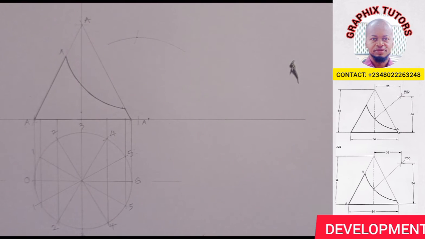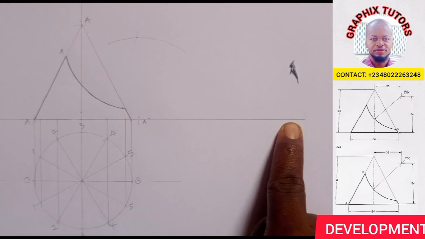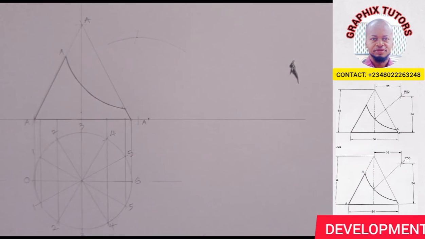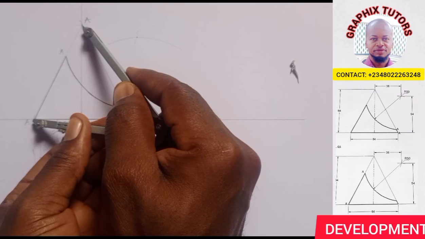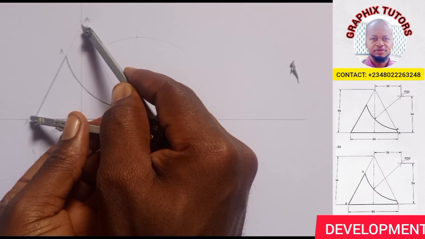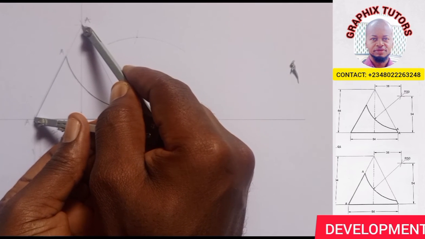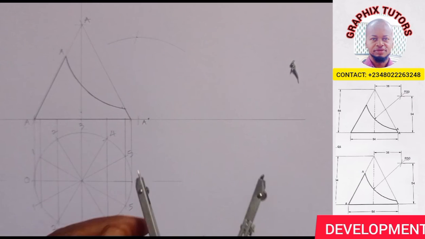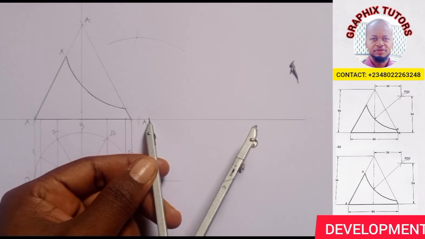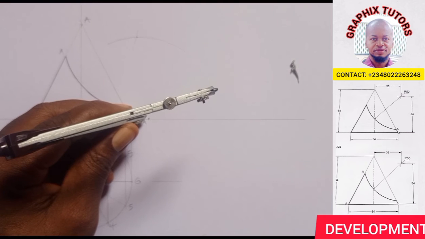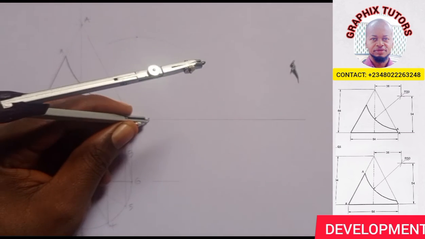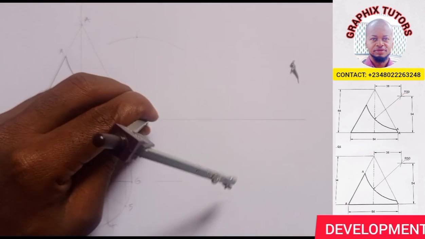Now I will not draw a straight line along that point A. I'll take my instrument and take the radius of the longest side of my cone, so this is the longest side here. When I place it at point A here, this is where I will now draw my curve.